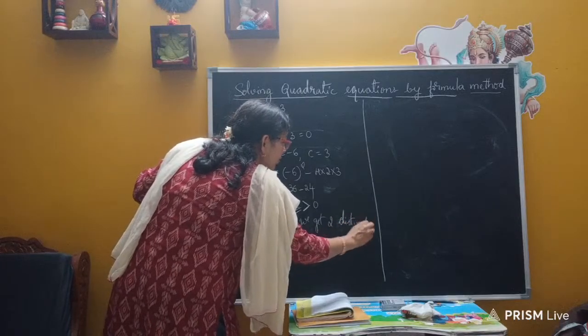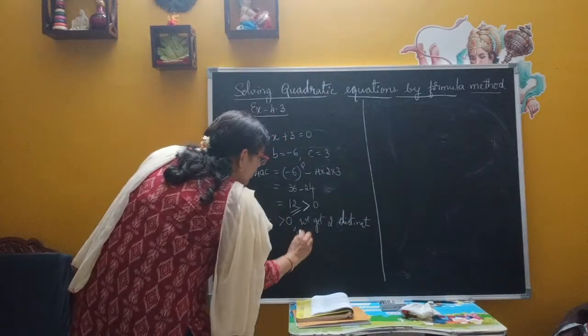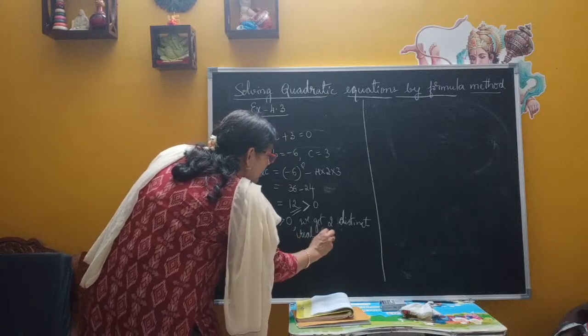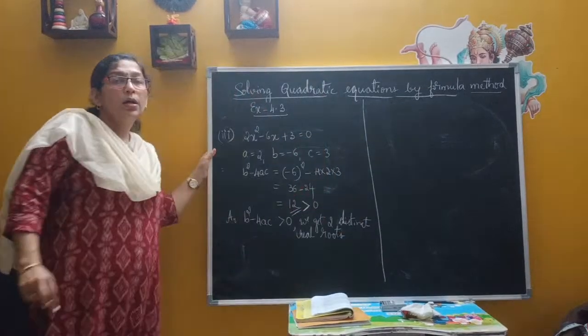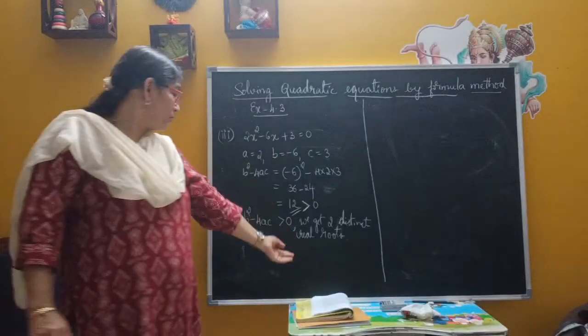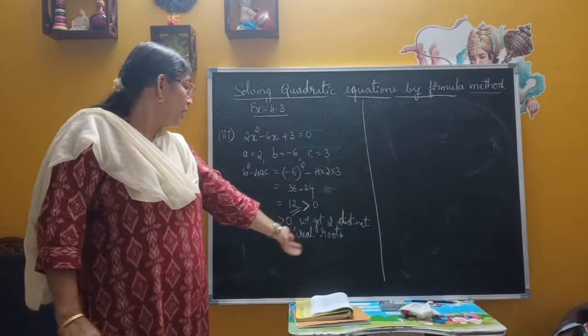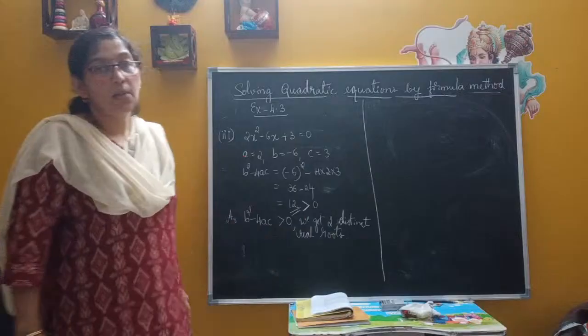In the previous one, we got two equal roots. So here we get two distinct real roots. Now, since we got the nature of the solution, we need to find them now.